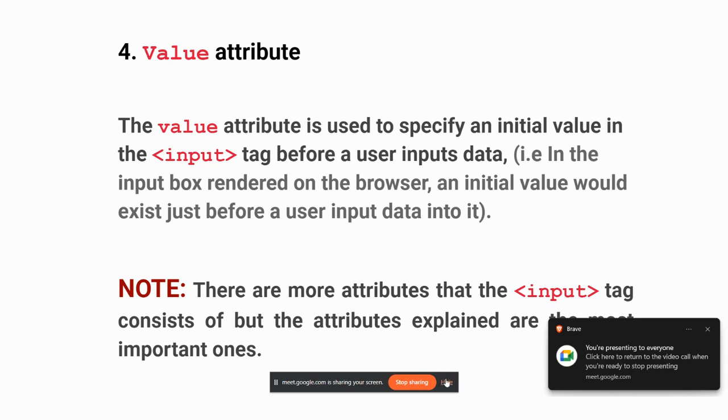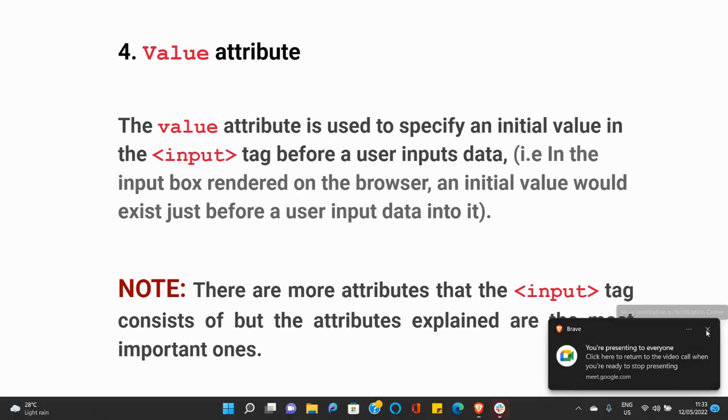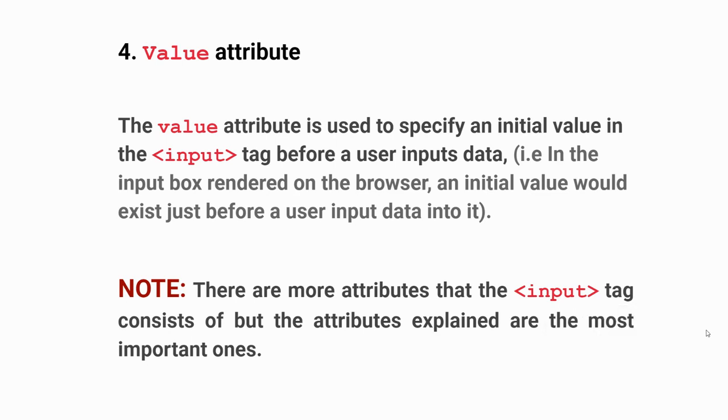So we're talking about the value attribute under the input tag. The value attribute is used to specify an initial value in the input tag before a user inputs data. That is, in the input box, which is rendered on the browser. Don't worry if you don't understand it, we'll get there very soon, I promise.